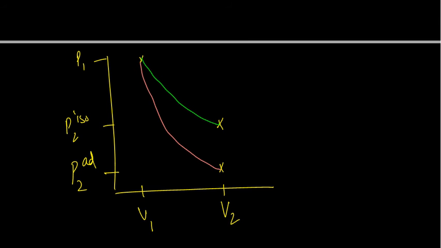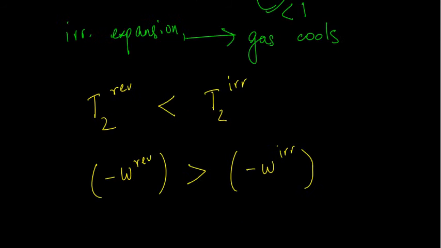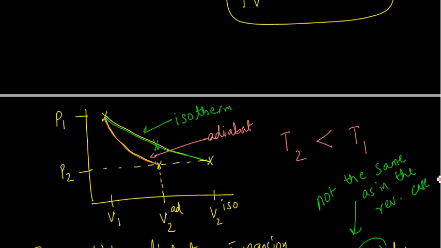First I asked you the question, what about the volume if the pressures are the same? Second thing I asked, what about the pressures if the volumes are the same?